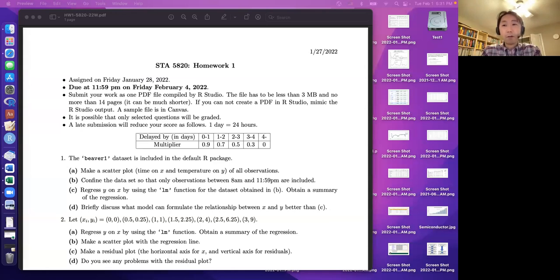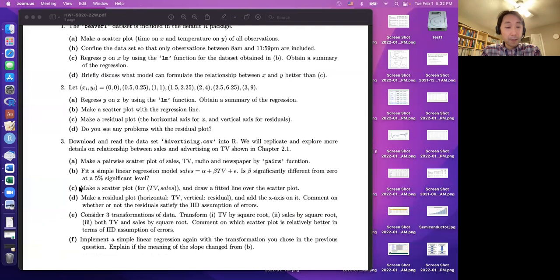Okay, so this is homework 1. We have 3 questions. And question 3C: make the scatter plot for TV and sales and draw a fitted line over the scatter plot.